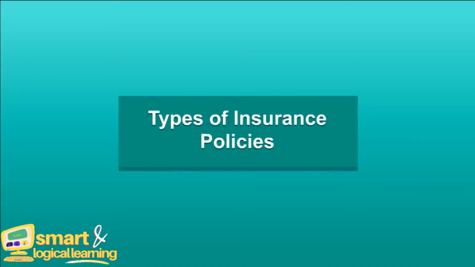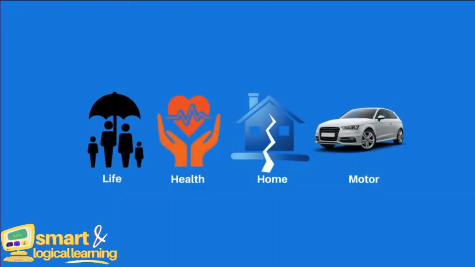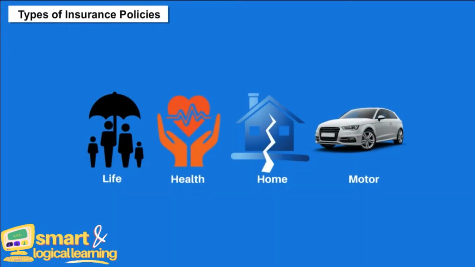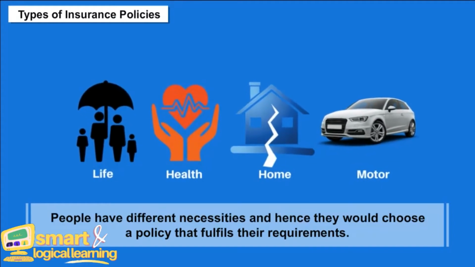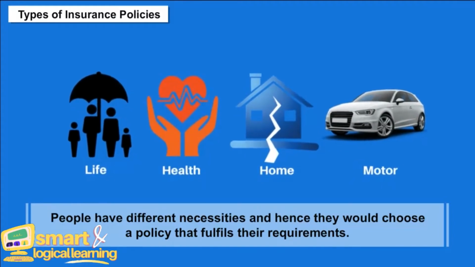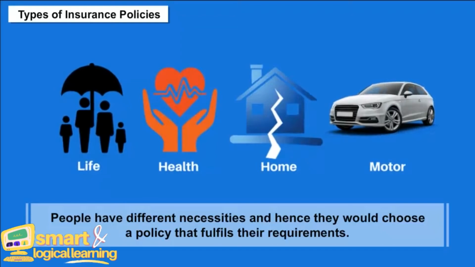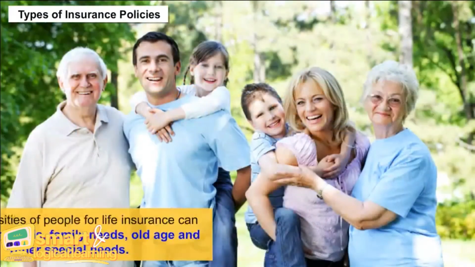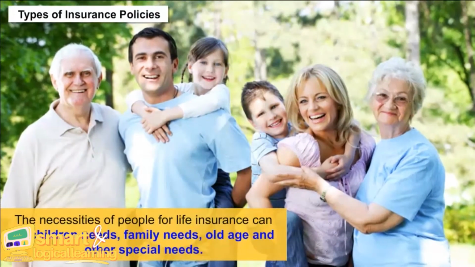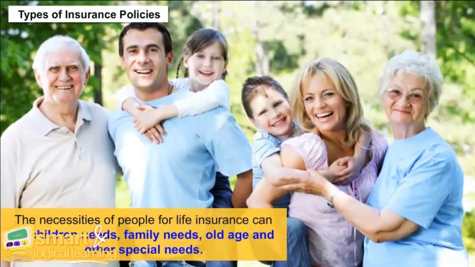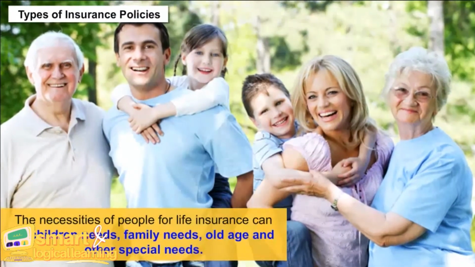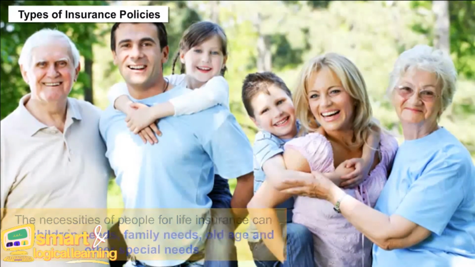Types of insurance policies. People have different necessities and hence they would choose a policy that fulfills their requirements. The necessities of people for life insurance can be children's needs, family needs, old age and other special needs.